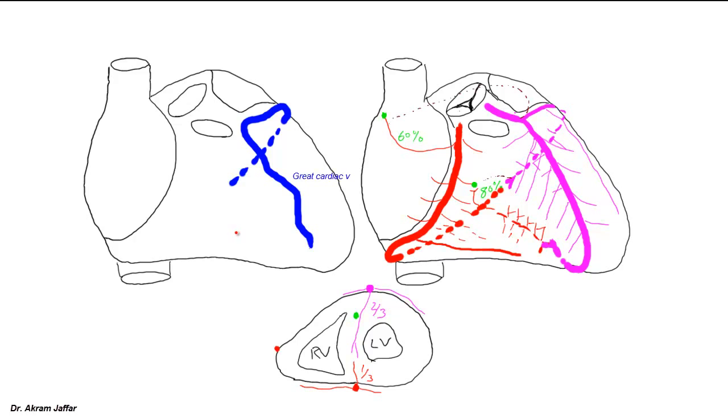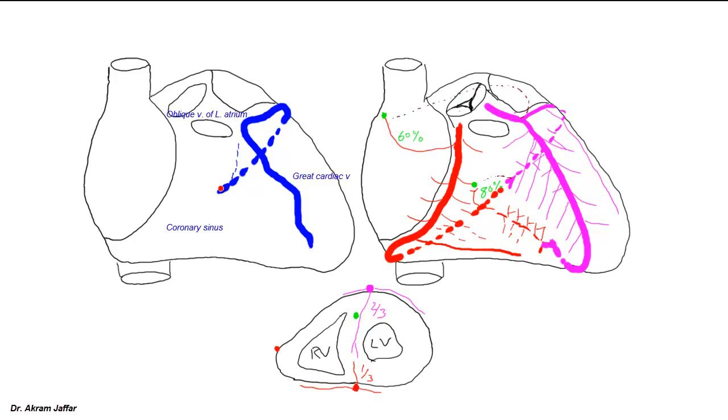On the posterior surface of the heart, the great cardiac vein receives a small vein from the left atrium called oblique vein of the left atrium, and it is at this point that the coronary sinus is formed on the posterior surface of the heart.